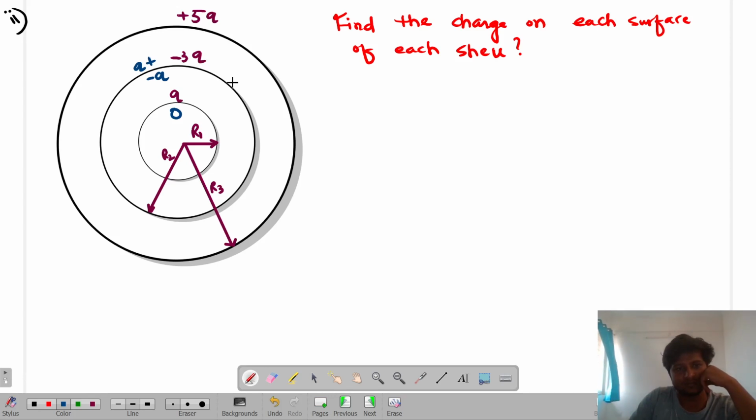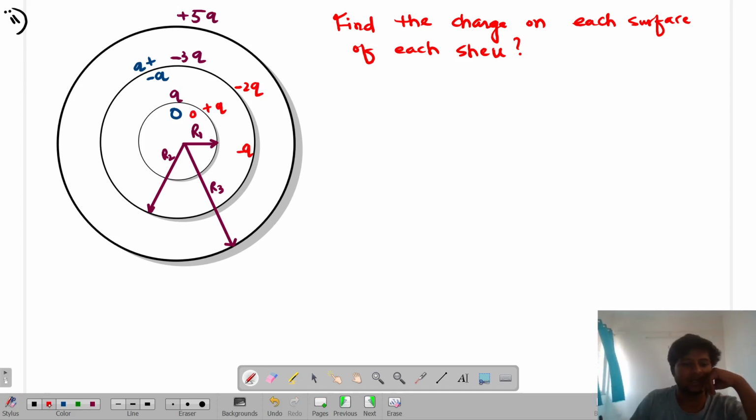On the top of this, minus 2Q, isn't it? Are you able to get me? Are you able to get me or not? The red one represents the net charge. Inside it is minus Q, inside surface it is minus Q. This is plus Q, this is 0.